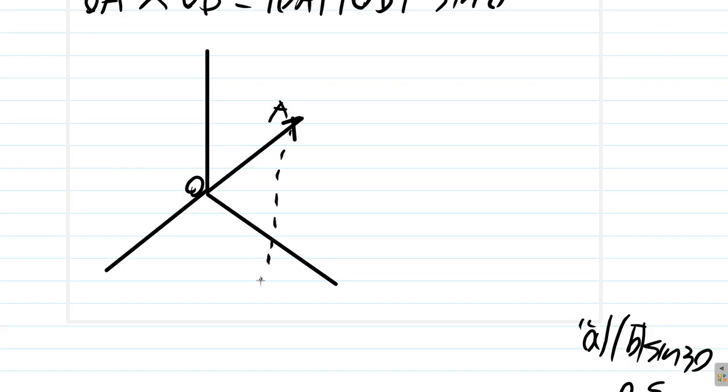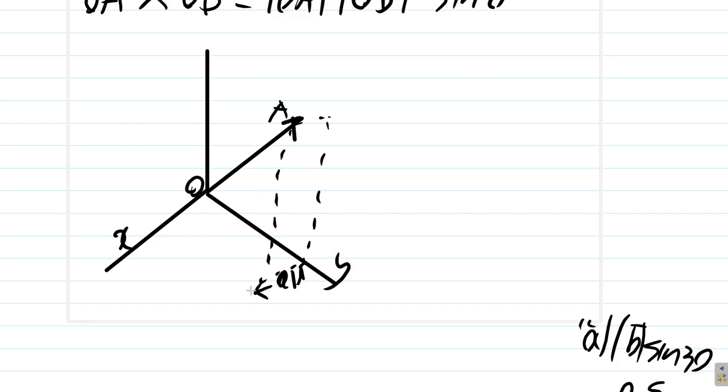So remember, with vector OA, we have a certain distance in the x direction. Let's call this distance A1, and the direction is given by the unit vector i.